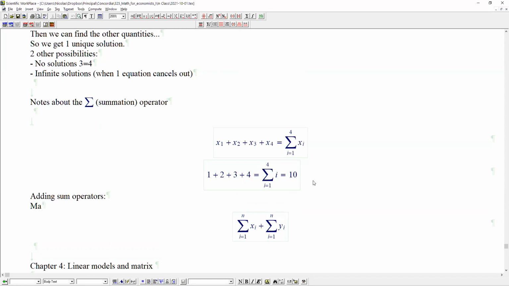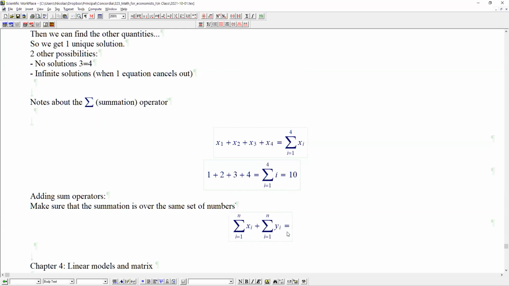You make sure that the i's are the same, that the summation is over the same set of numbers. Here, what I'm saying is i should be from 1 to n here and from 1 to n here.